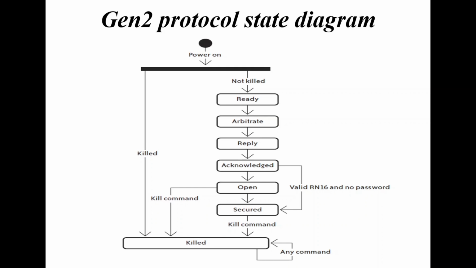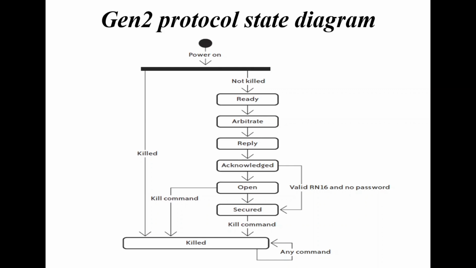Here it moves into the arbitrate state. Tags randomly pick slots using a slotted Aloha or Q algorithm like that. So this avoids collisions when many tags respond at once. When its turn comes, the tag moves into the reply state.